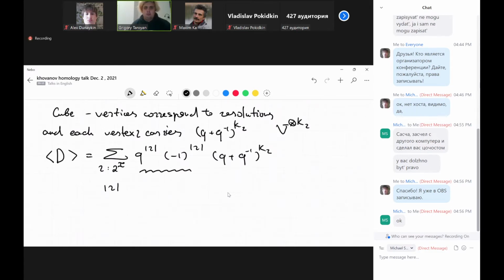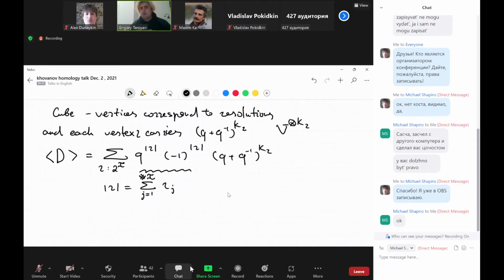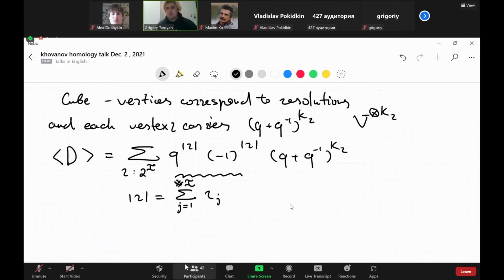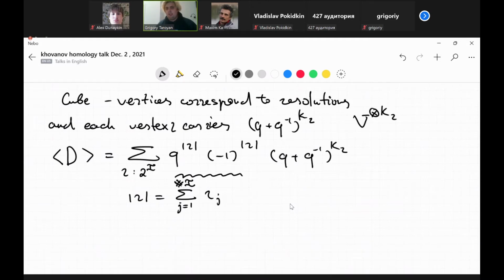This modulus of I is just the sum of coordinates of I. So we just count the number of one resolutions here. Recall that we multiplied by minus Q each time we applied this one resolution, and so this term appears right here. And this is just the value on a disjoint union of circles. So this formula is very clear.